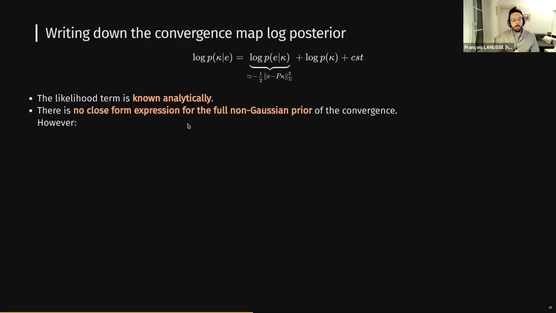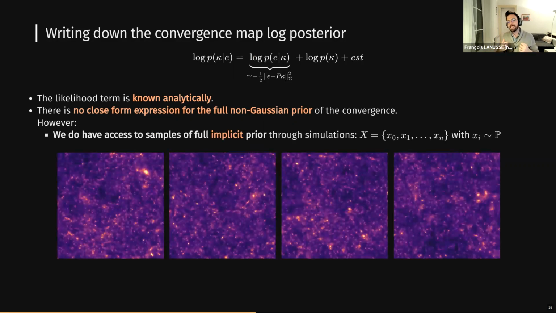But then I run into trouble when I need to define this prior term on the convergence. And there is no analytic expression that allows me to write down what this prior should be. However, I do have access to physical models in the form of simulations. And so you can think of those simulations as one instance of those implicit priors that I mentioned before at the beginning of generative modeling.